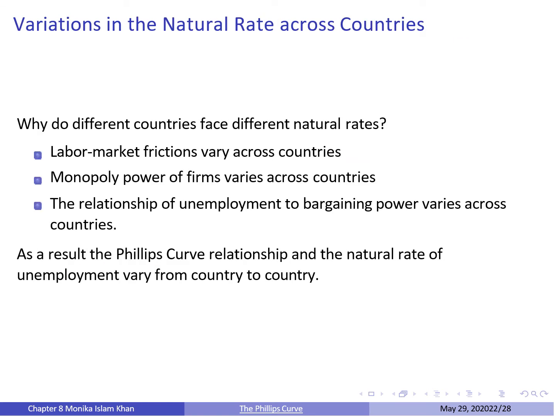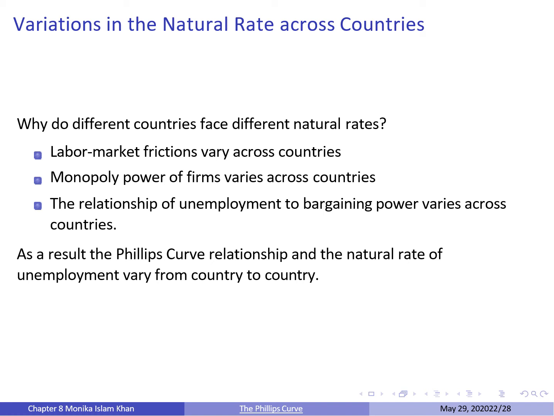It has been observed that the natural rate of unemployment varies across countries. But why do different countries face different natural rates? It could be because of labor market frictions that vary across countries. It could be because of monopoly power of firms that varies across countries. Or it could be because of the relationship of unemployment to bargaining power that varies across countries. The natural rate of unemployment depends on all factors that affect wage setting.